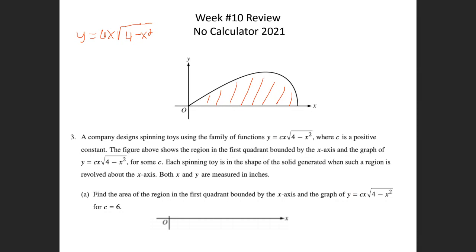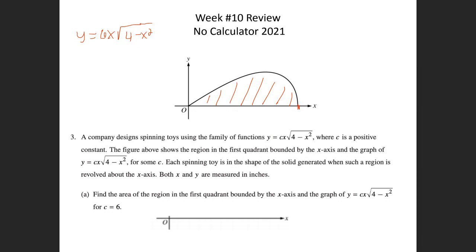Now, in this problem, I'm looking for the area. It would be nice if I knew what the distance is to here. So this is a 0, isn't it? So what makes this equal to 0? If I put a 2 in here, 4 minus 2 squared, that'd be 4 minus 4, which is 0.